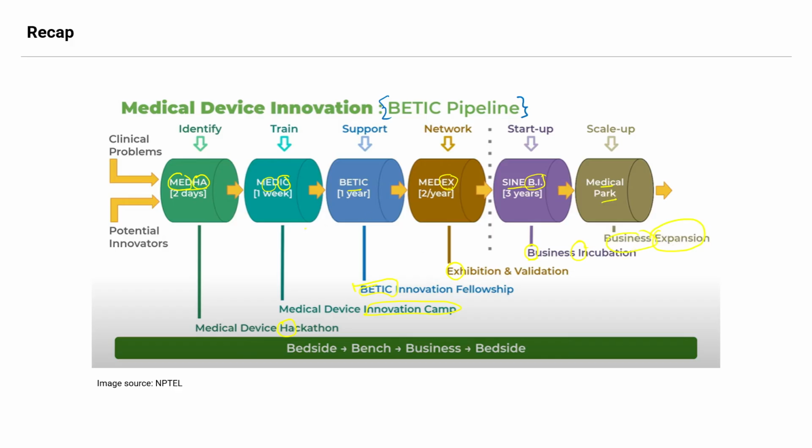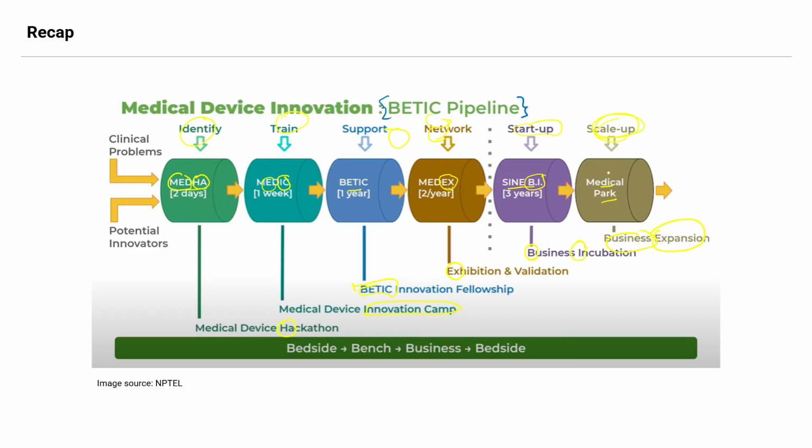So I would suggest you keep a note of this pipeline because it can really help you. A lot of questions can be framed around it. Once you have clarity of this pipeline, at least these terms like MEDHA, Innovation Camp, BETIC, MEDEX, and Medical Park, I think it can really help you, along with these associations: identify, train, support, networking at MEDEX, startup at incubation, and scale up.